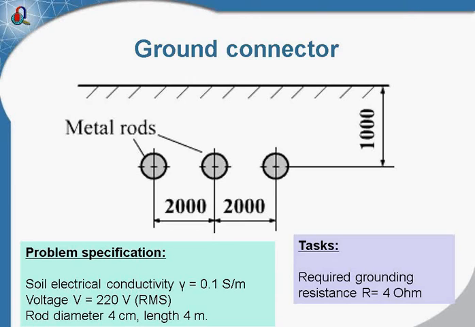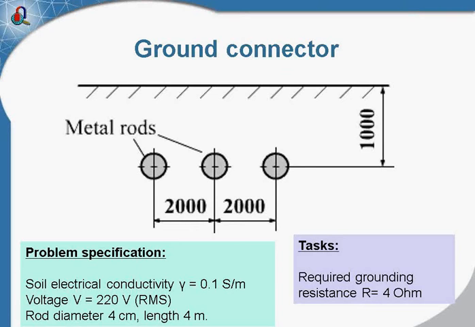It is important to have the low resistance of the ground connector, so the voltage drop between the zero potential at the ground and the protected devices will not be very large.